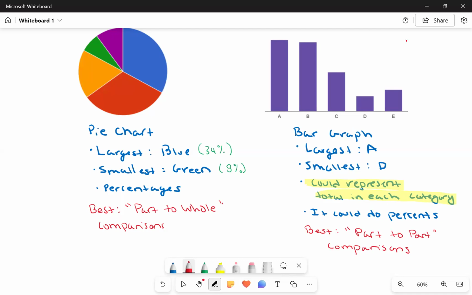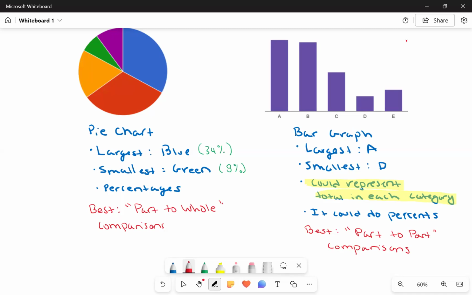Now, if I told you that these two graphs are actually representing the same information, that makes it interesting, because now I can tell why blue and red are so close in size to each other. On the bar graph, they look very close together.